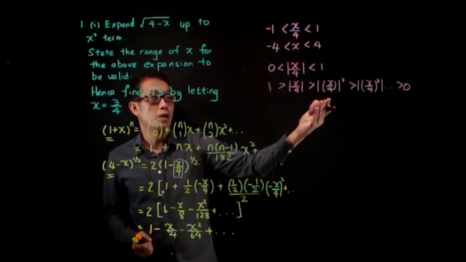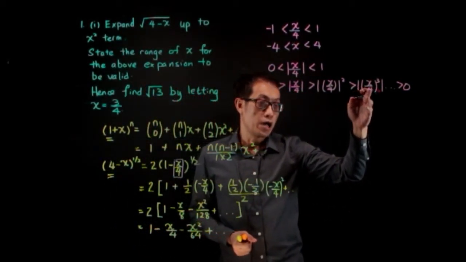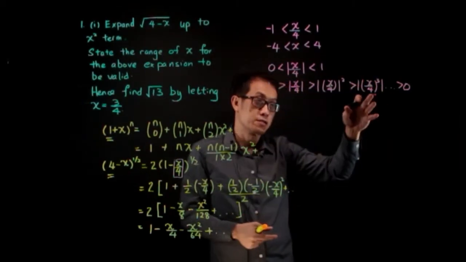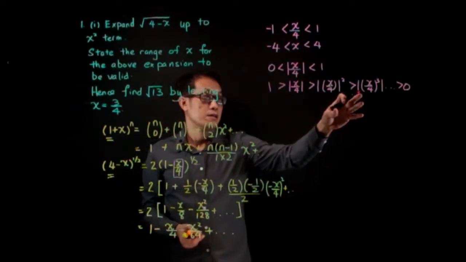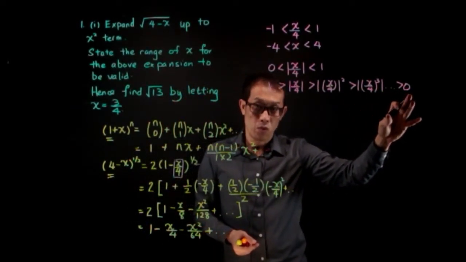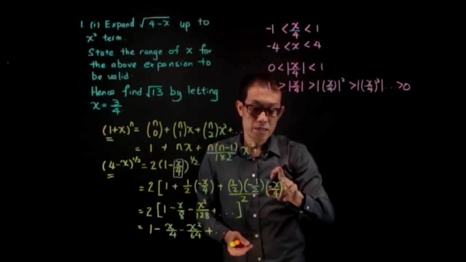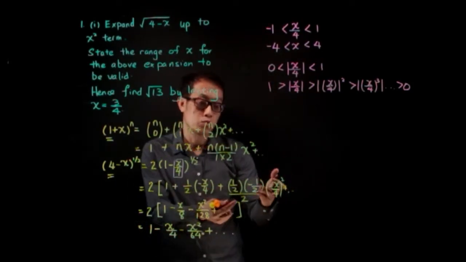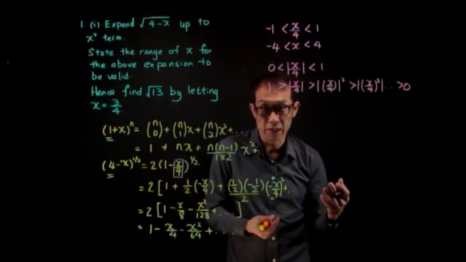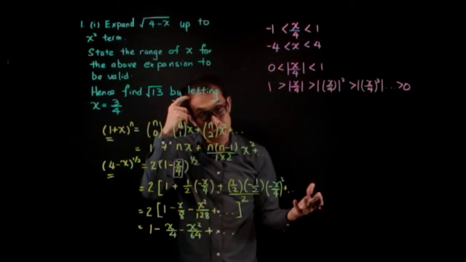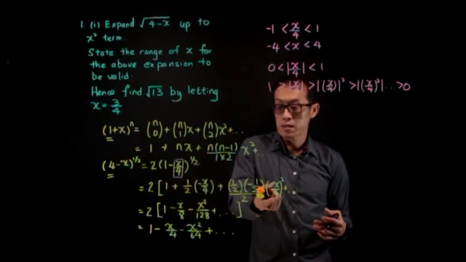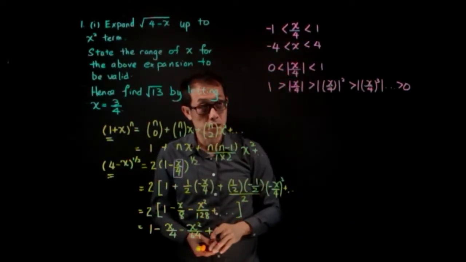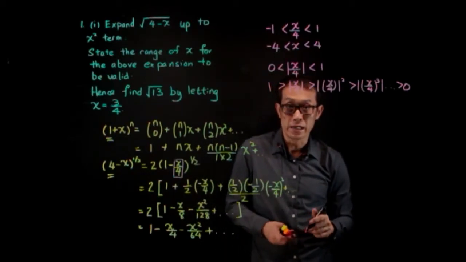As the power of x over 4 increases, you find that it tends to 0. That means if the power is 10, we can ignore this term because it's so small that it's negligible. So for this expansion to be valid, x over 4 must be between 1 and minus 1.